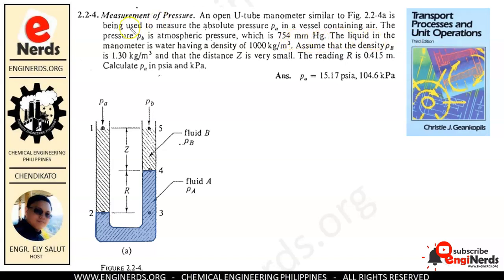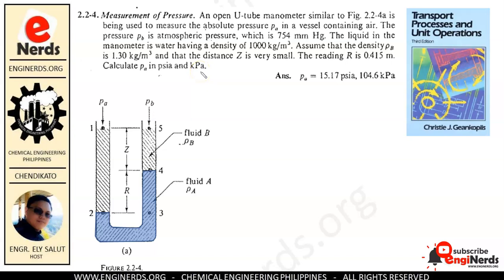The liquid in the manometer is water, having a density of 1000 kg per cubic meter. Assume that the density rho sub B is 1.3 kg per cubic meter and that the distance Z is very small. The reading R is 0.415 meter. Calculate PA in psia and kilopascal.